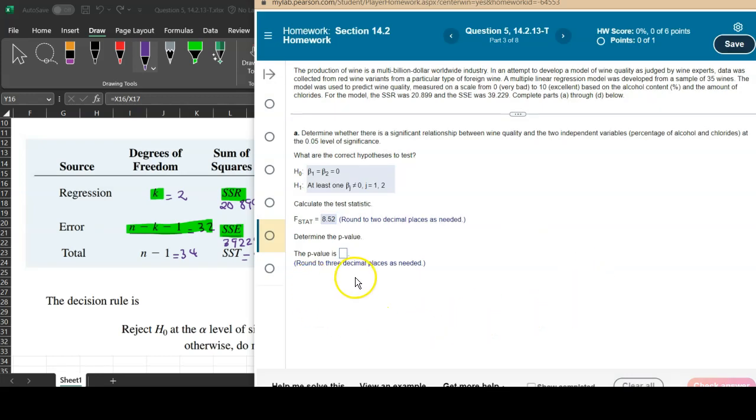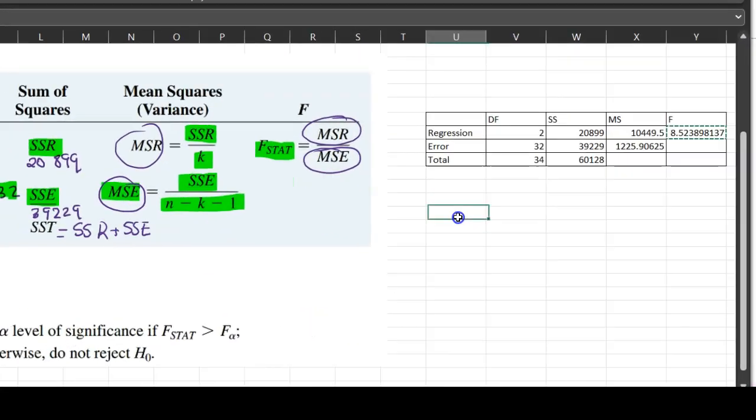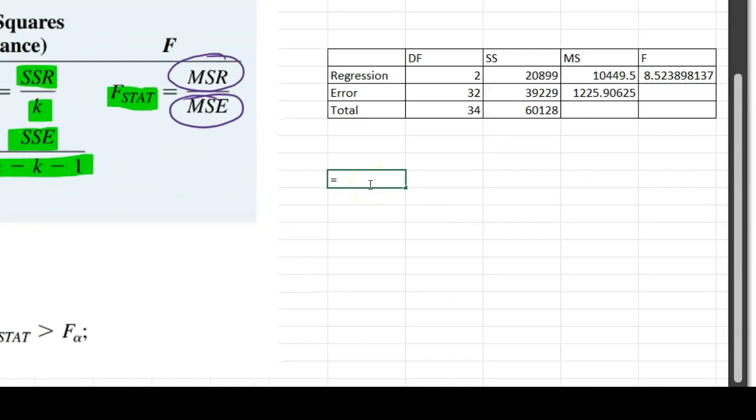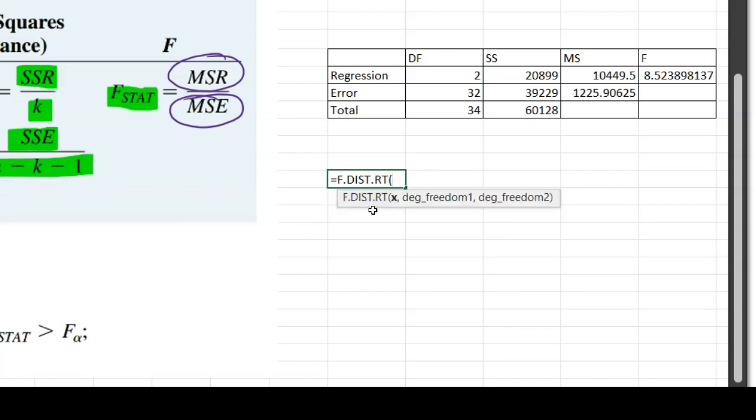Now we are looking for the p-value, and we found the p-value in previous examples. So equal sign, and I'm going to use the F distribution, F.DIST, the right tail one. The right tail requires you to input the X, which is nothing else than the F stat, this value here.